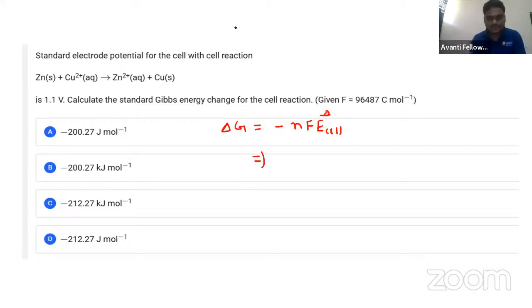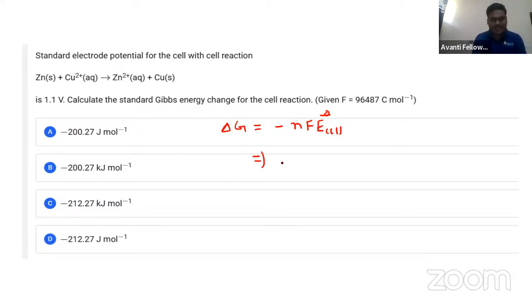Calculate. D, C. C. Chalo. Let's quickly see the answer for this question.